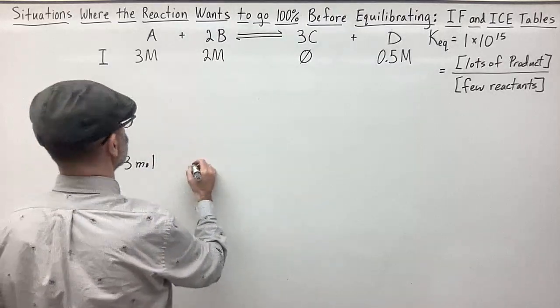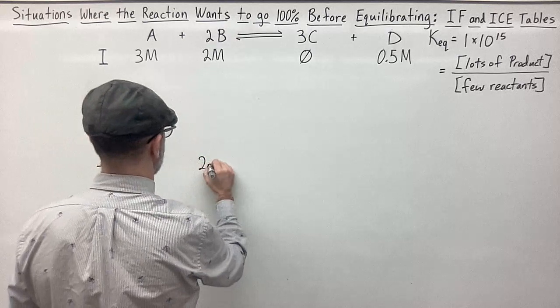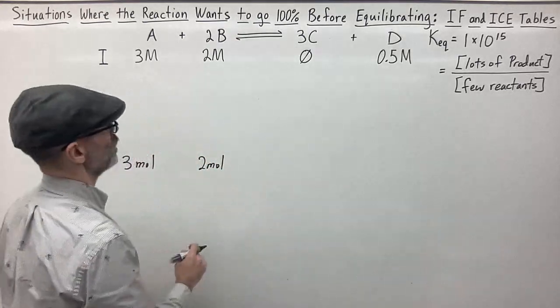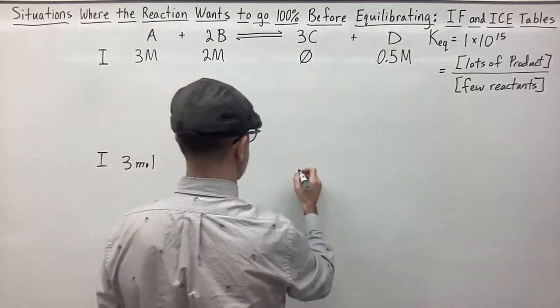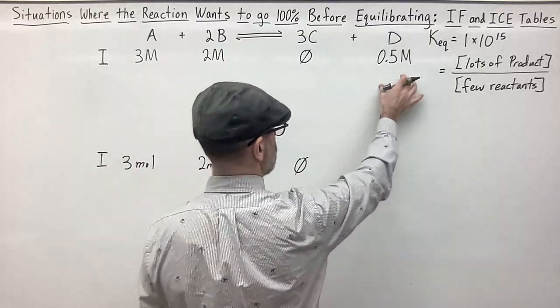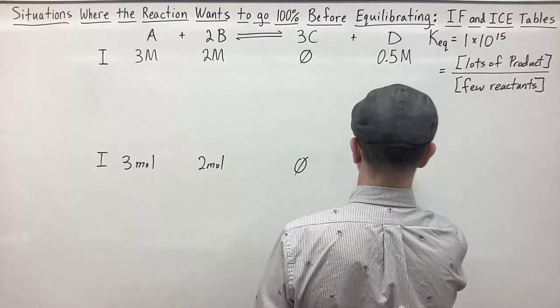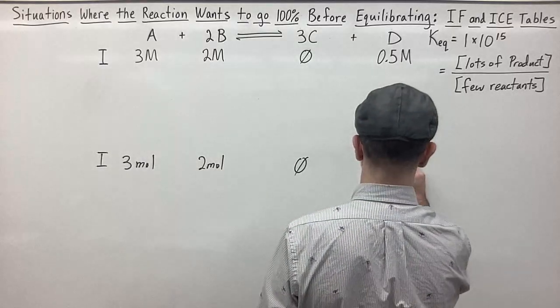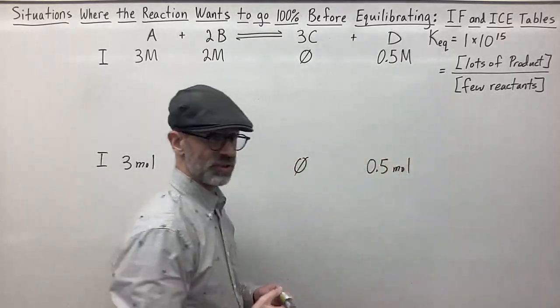For 2B, I'm going to have 2 moles initially. For 3C, I'm going to have 0 moles. And for D, I'm going to have 0.5 moles to start with.